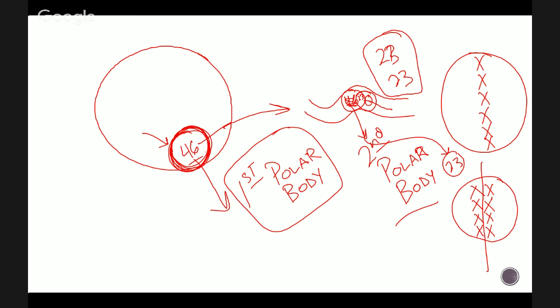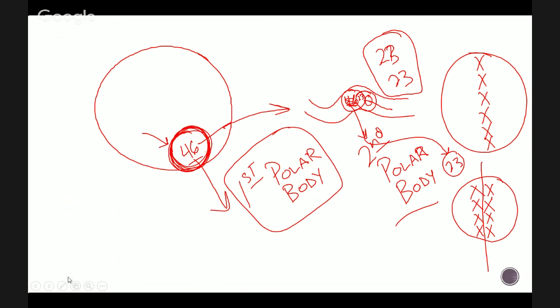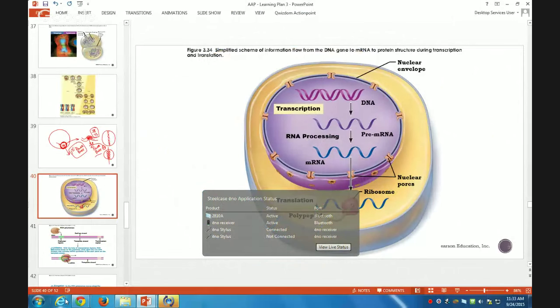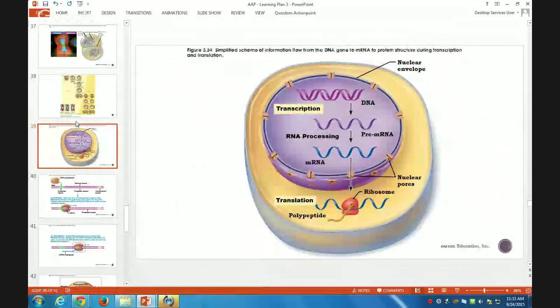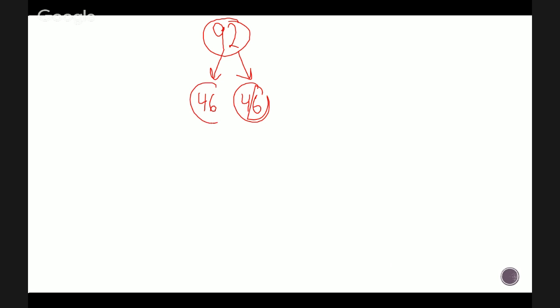But if you look at it from a purely numbers point of view, look at meiosis, start with 92, that to 46. Non-identical, non-identical because we had the chromosomes line up like that.